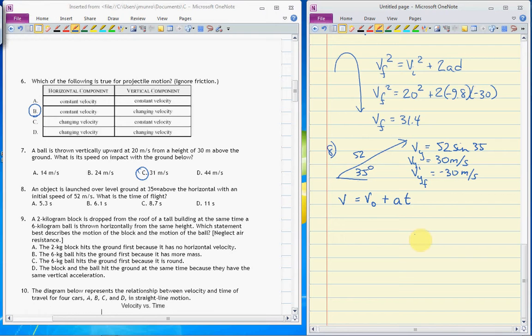We want to solve for t, so t is equal to V minus V naught all divided by a. I'm going to get then that 30 minus negative 30 divided by our acceleration, 9.8, will give us a time of 6.1 seconds. I pick B.